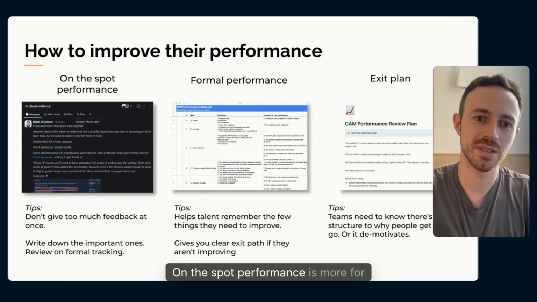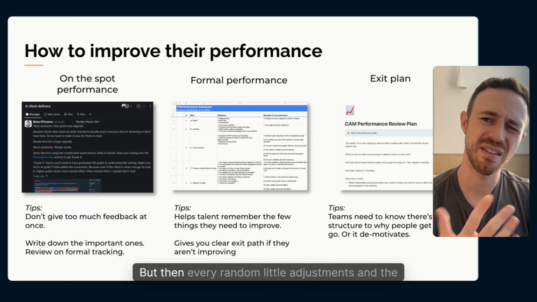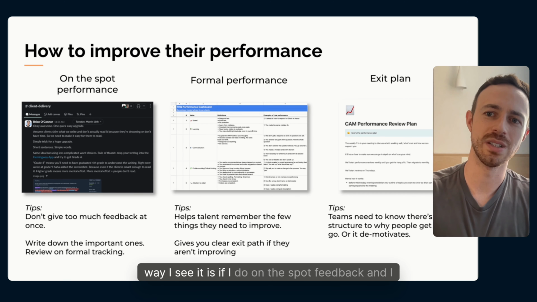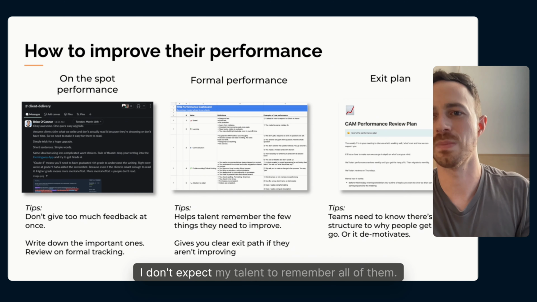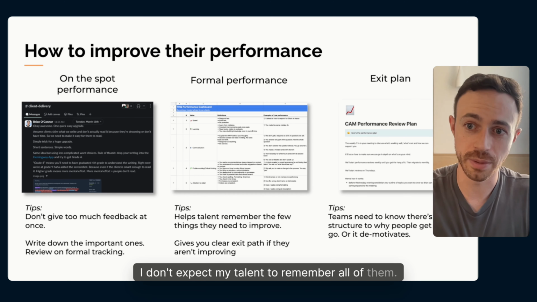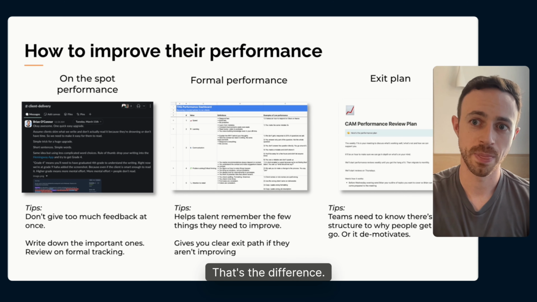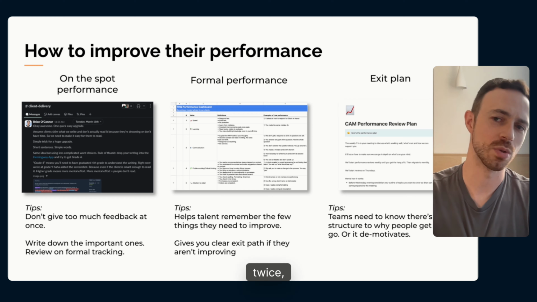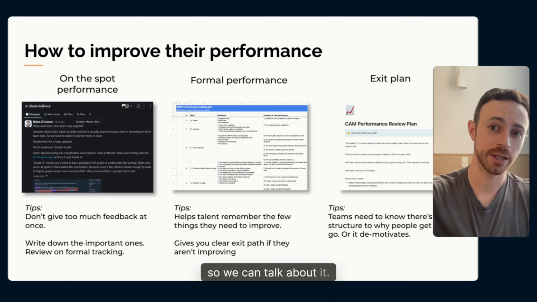On the spot performance is more for reminders of those things, and then every random little adjustment. The way I see it, if I do on the spot feedback and I have too many of those, I don't expect my talent to remember all of them. I do expect my talent to remember the formal performance. That's the difference. And if that on the spot happens 2, 3 times, it then becomes put into the formal performance so we can talk about it.